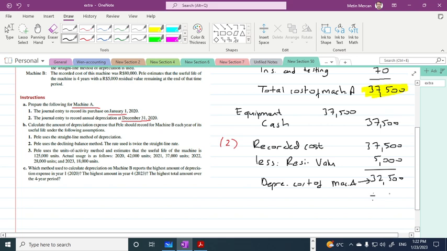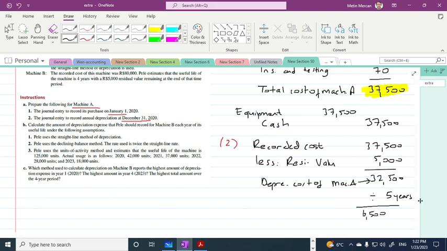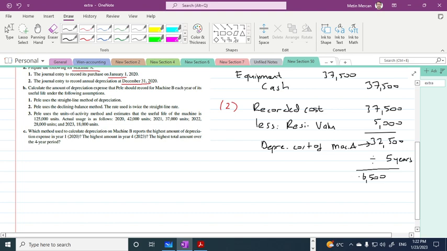If you divide it by 5 years, you find depreciation expense of $6,500 annually. So we can say this is the annual depreciation expense. If you want to do monthly, you can divide it by 12 and find the monthly depreciation expense.